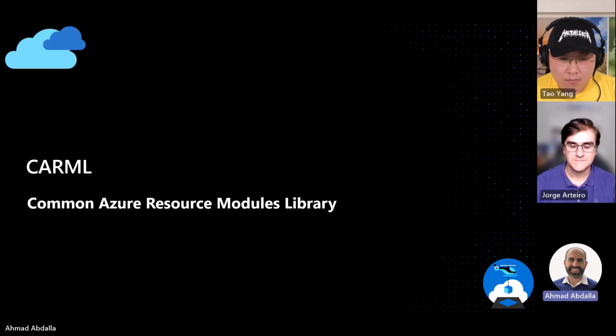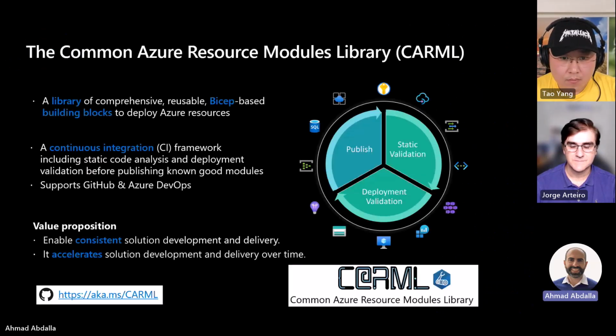So CARML, the Common Azure Resource Modules Library, is a library of cohesive, usable Bicep-based building blocks that allows customers to deploy Azure resources. It is completely built on Bicep.